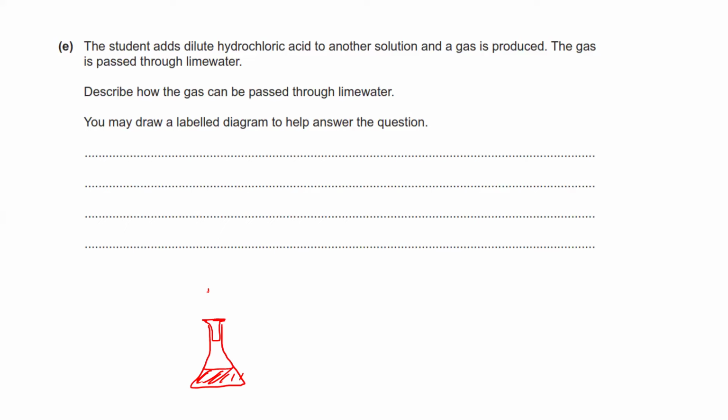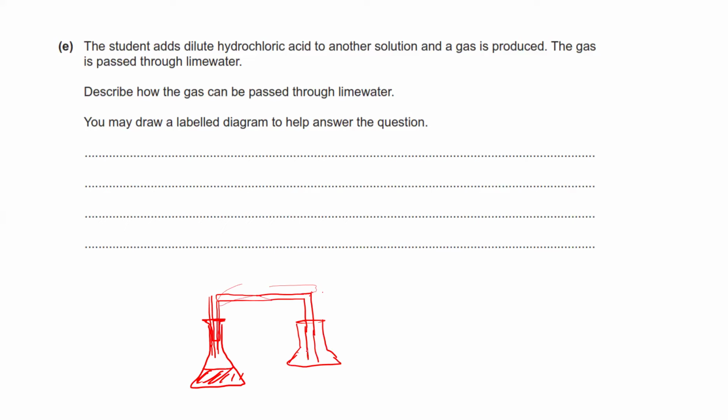So you have a glass tube for HCl, and this is another tube for taking the gas into a flask that's containing lime water.